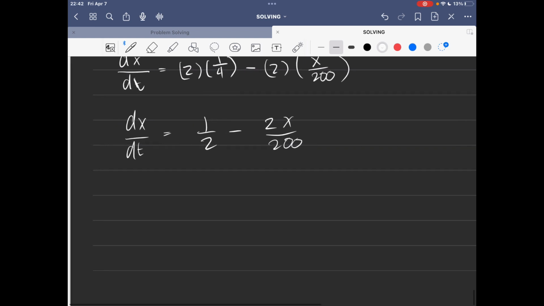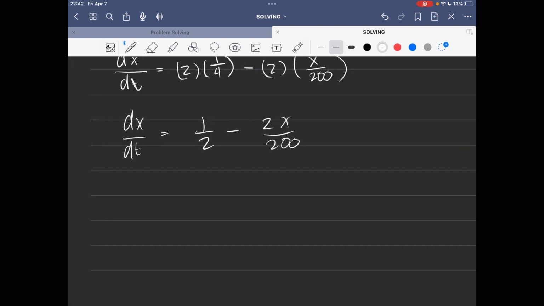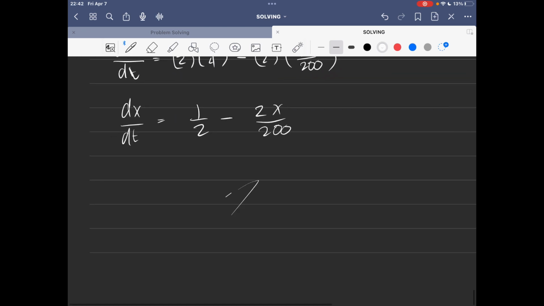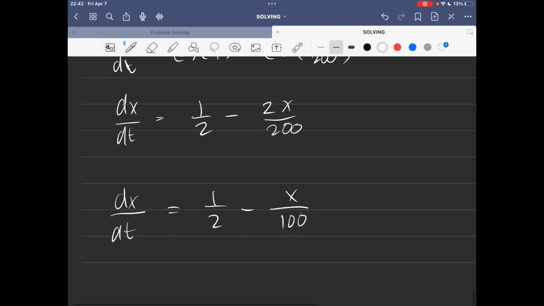Then we can further simplify. dx over dt is equal to 1/2 minus, 2 over 200 is 1 over 100, so x over 100.